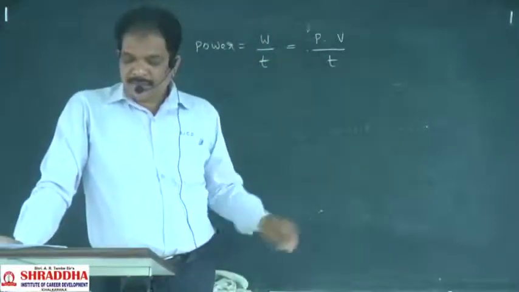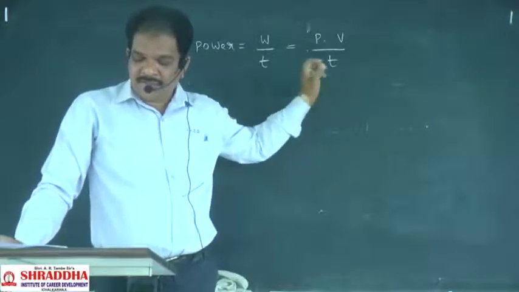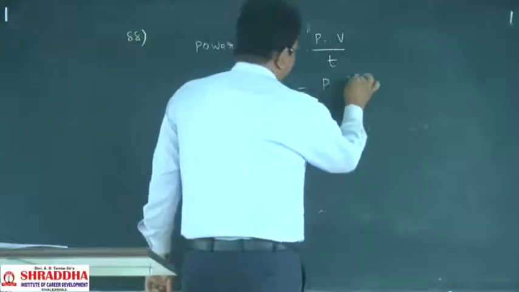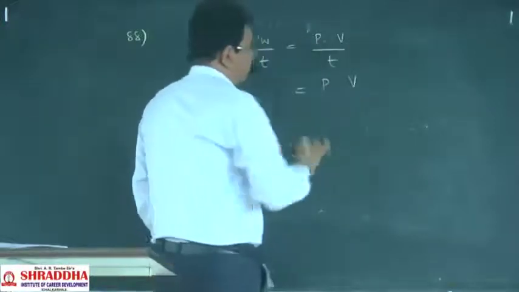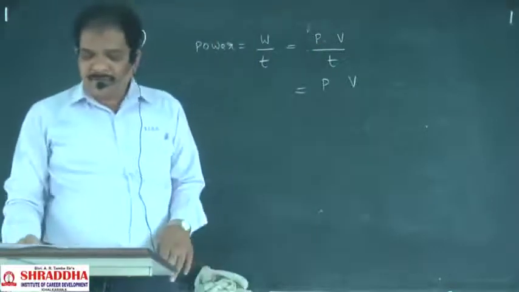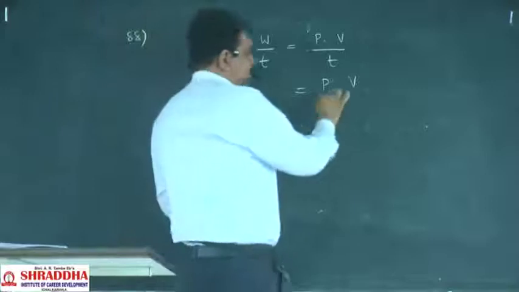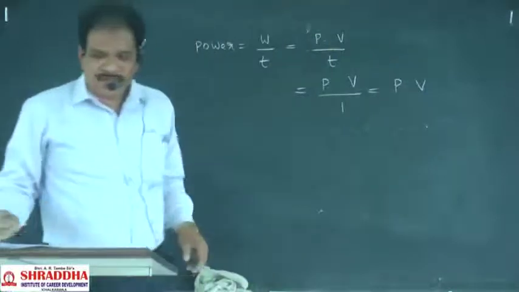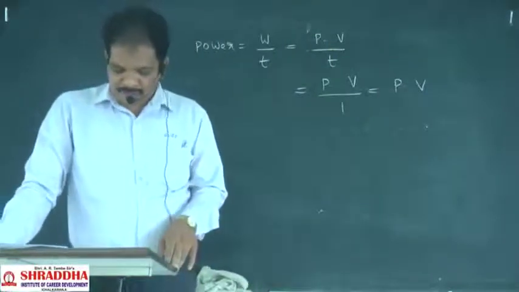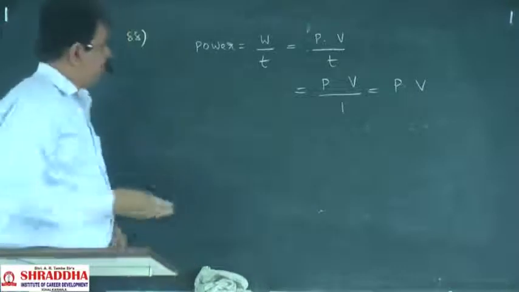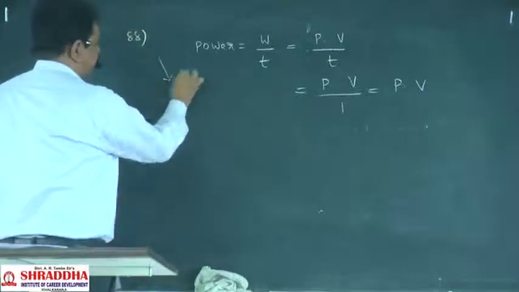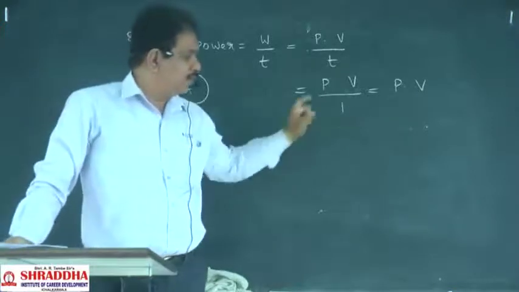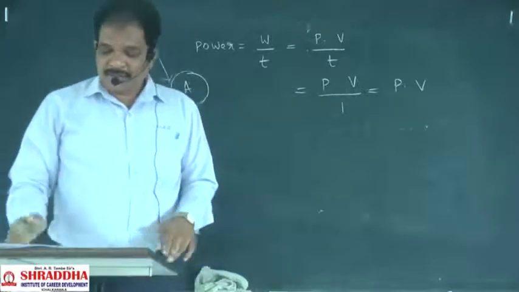Yes. This is per second they gave. So this value P into V, volume. They gave V meter cube per second. Means T value is 1. So this value will be P into V. So 88, it will be 8. Clear? Per second means take T is equal to 1. Remember that.